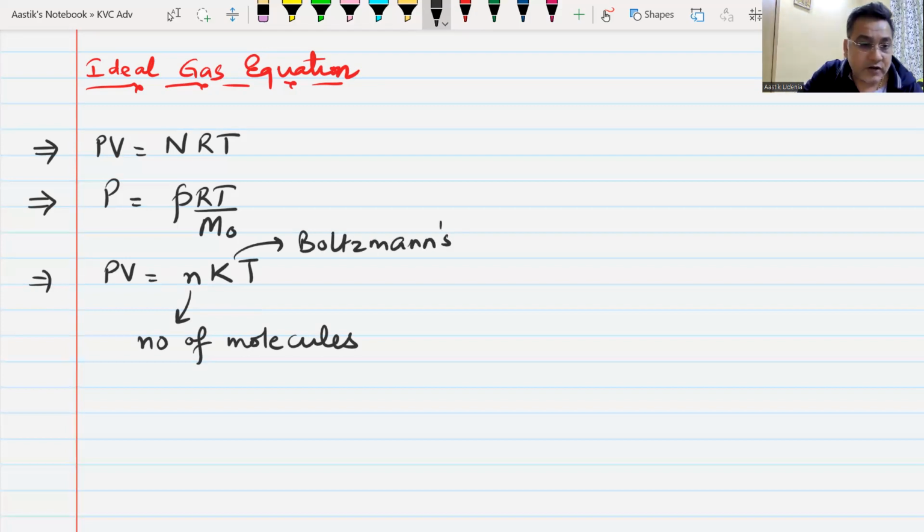Here we will be using the value of R as 8.3 and Boltzmann constant is R by N. Do we know this? Yes or no? Yes, sir. Okay. These are the forms that you must remember, and we'll try to solve some questions based on this so that we are thorough with this ideal gas equation.